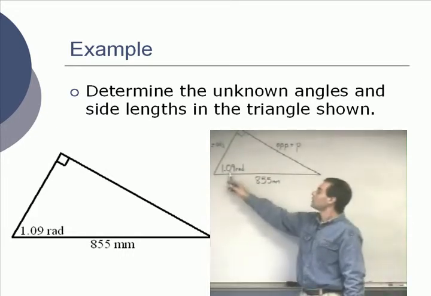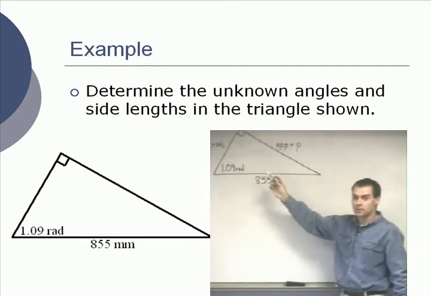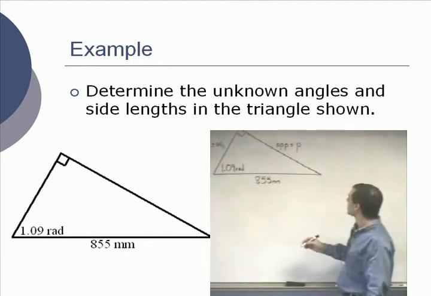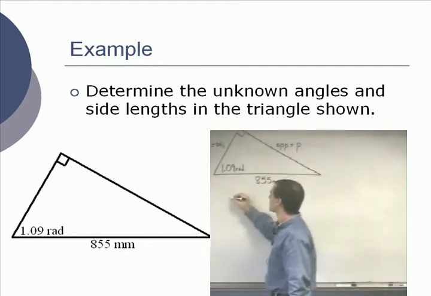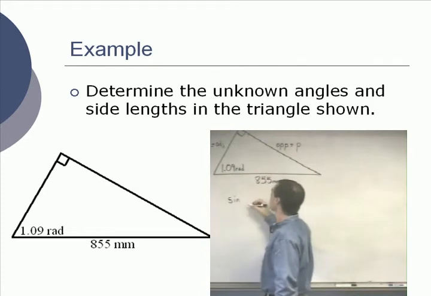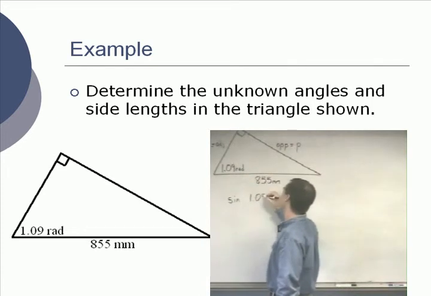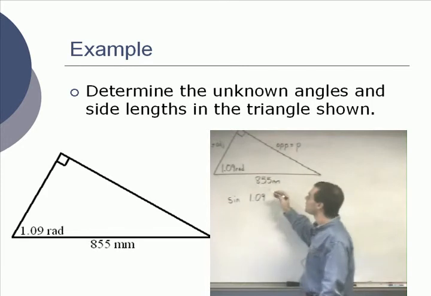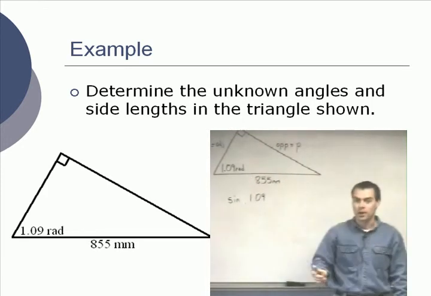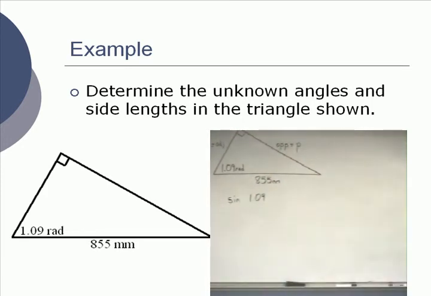We know our angle. Even though it's given in radians, we don't do anything differently. We can just say that the sine of 1.09 radians. Incidentally, it's very common when working with radians to just leave the units off. That's why if you're working with degrees, it's imperative to make sure you put the degree symbol, because for any angle without a unit shown, the default is that it's in radians.